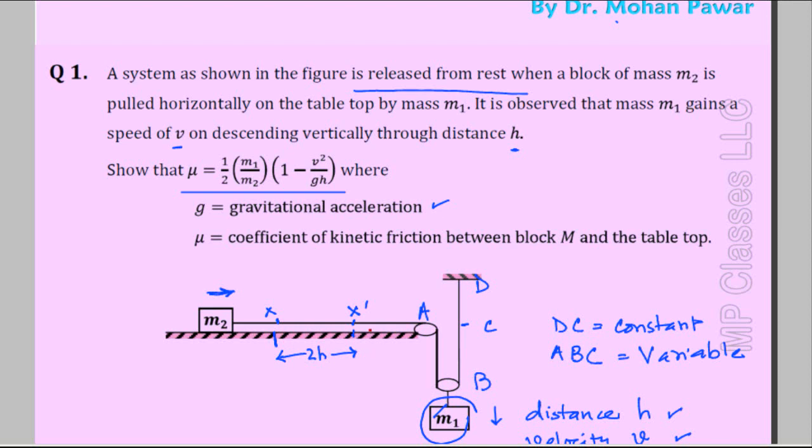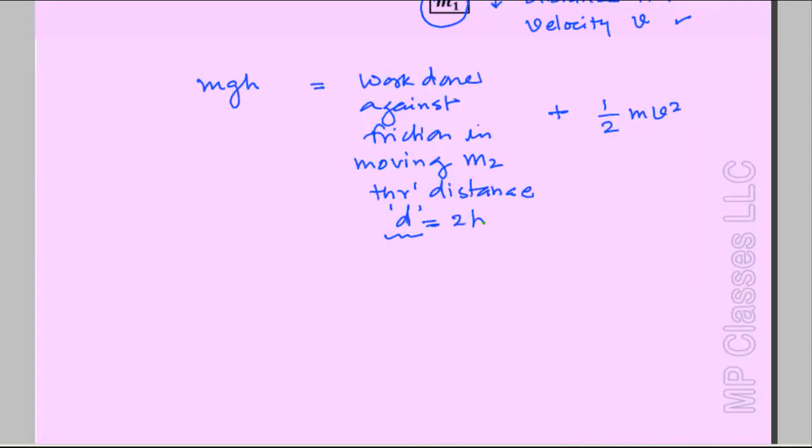This 2h is going to get accommodated in ABC, which is this variable. So if this is 2h, then only this M1 can move through distance h. And this is an important observation. So if the mass M1 descends through distance h, the horizontal movement of the block will be 2 times that. It will be exactly 2 times whatever is the distance the block M1 descends. And so we write that this d is nothing but 2h.